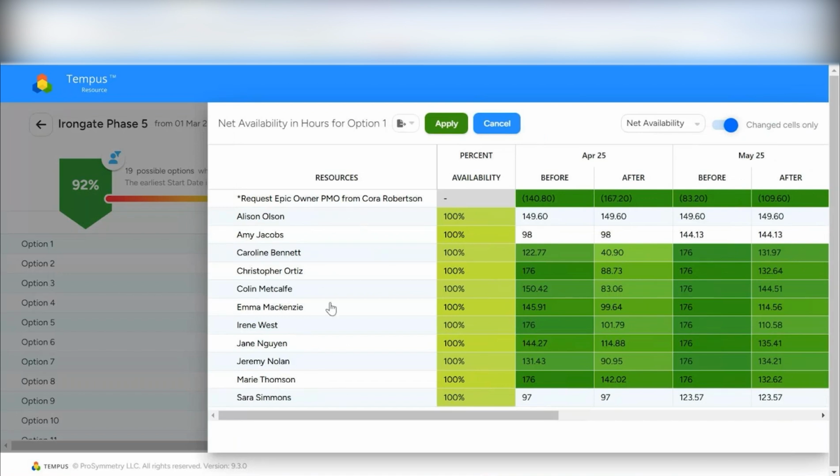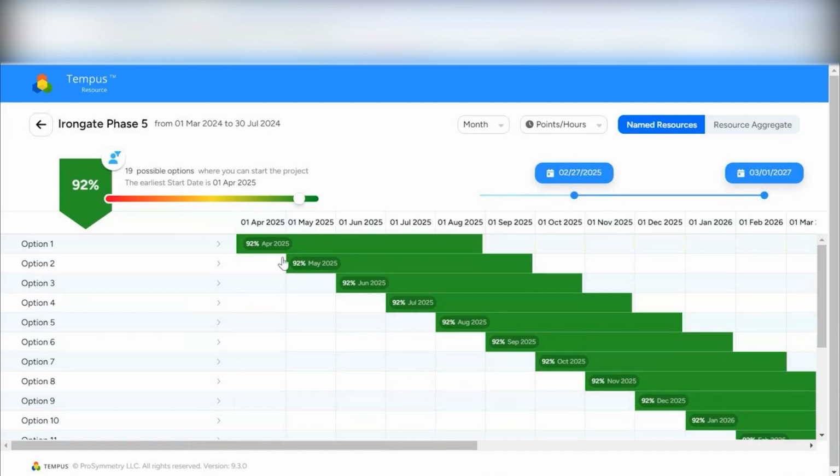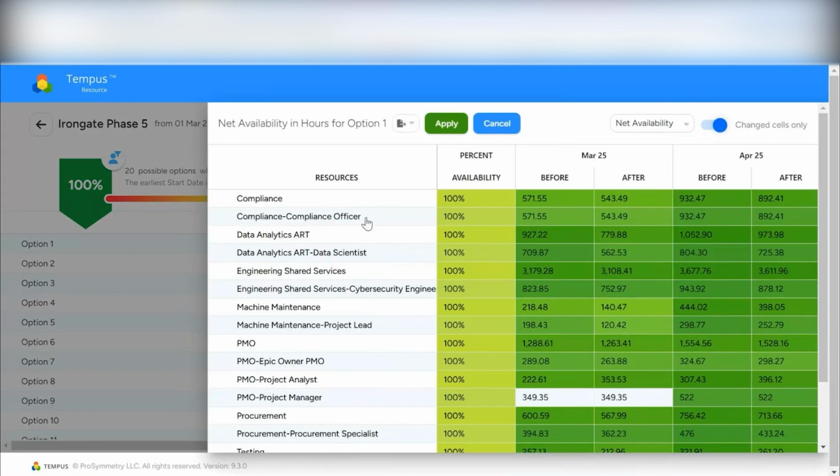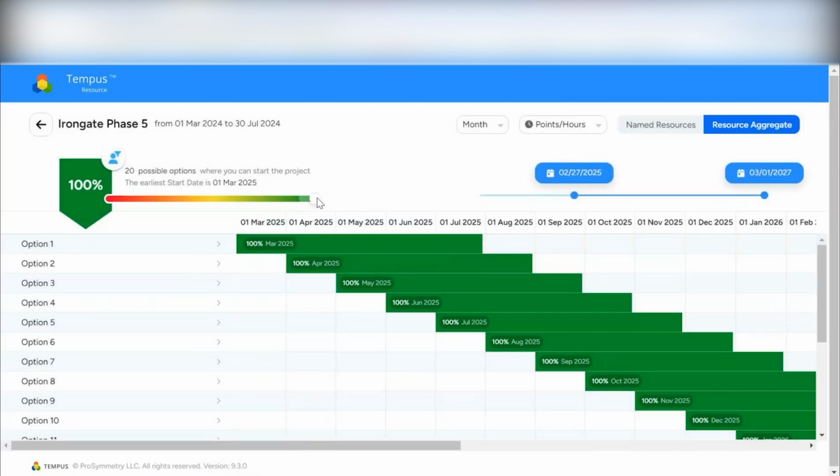Here's all the people and the teams that I've said that I need for this work. Well, if I don't need those specific named people, but I just need their role, right, their skill set, I can push that work up by at least a month, right? And then it'll tell you again, you've got these people available, right? And if I can get by with even less resource, then I can possibly even push that up even farther, right?